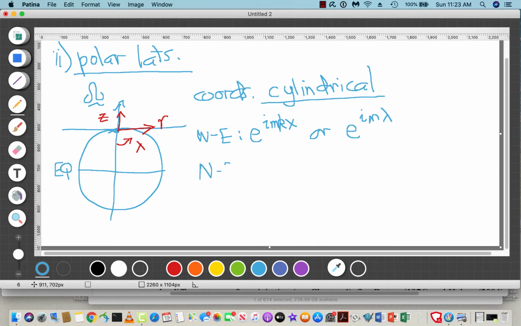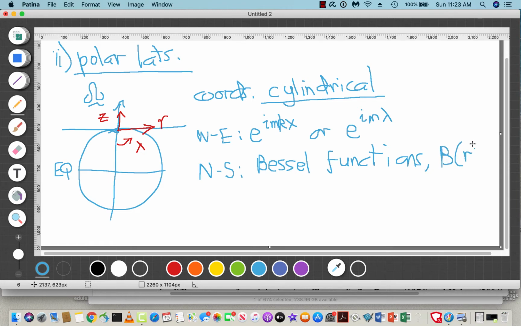However, if you do the math, and unfortunately for you guys, I have done the math, so I know of what I speak, the appropriate functions to use here are things called Bessel functions.